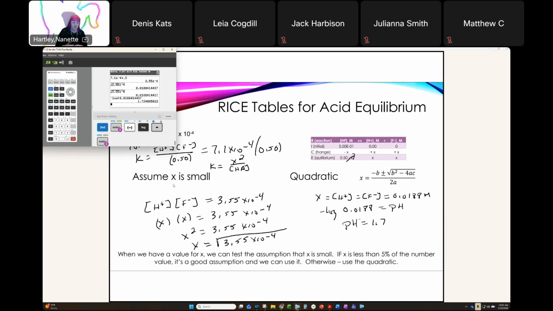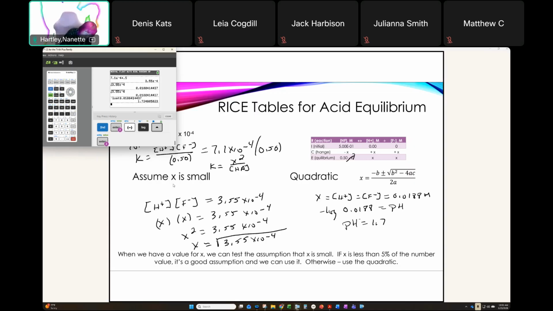Now again, when we talk about our acids, as long as it's a monoprotic acid, it's going to look like this. If it's not, then we're going to have some more complications. There are different K values for each proton, so H2SO4 has two K values, one for the first H coming off.